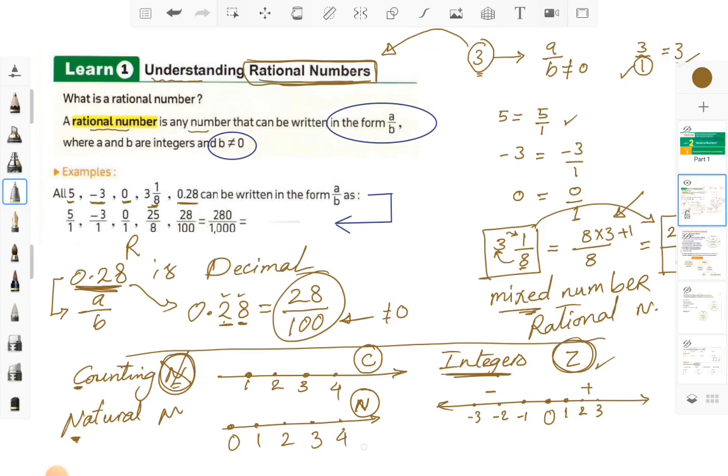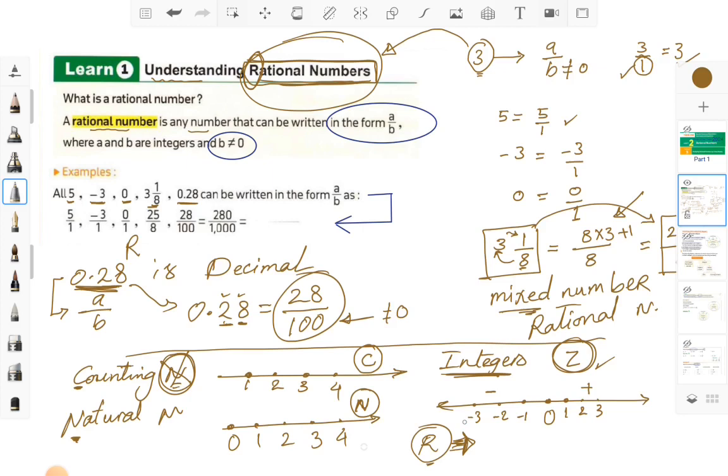we have positive and negative integers and its symbol Z. In this lesson we learned a new group or set of numbers. It's called rational numbers and its abbreviation is R. So what does R include?